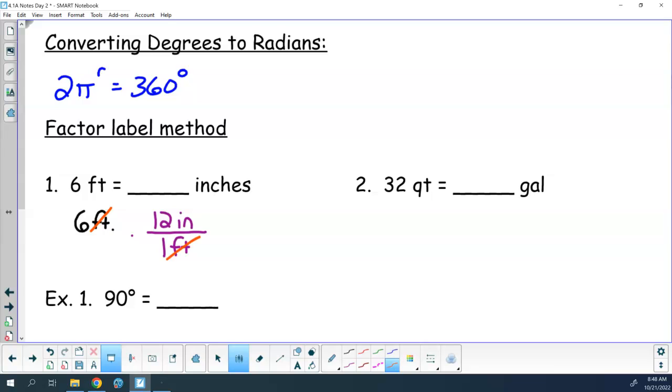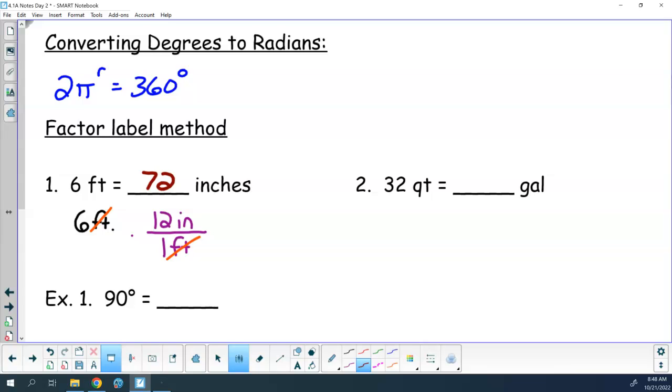This fraction is equal to 1, because 12 inches is 1 foot. So I can still multiply by it. When I multiply by 1, it doesn't change the value. And so when we multiply across, we get 72 inches. You've probably done that in science numerous times.